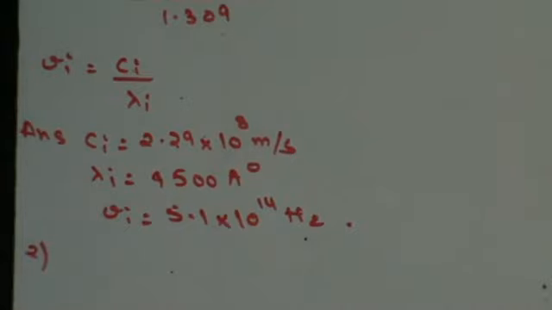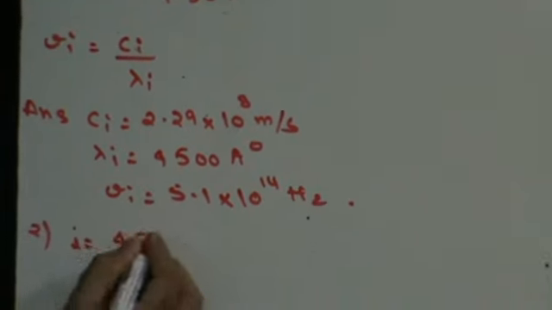A ray of light is incident on a glass sheet at an angle of 45 degrees.